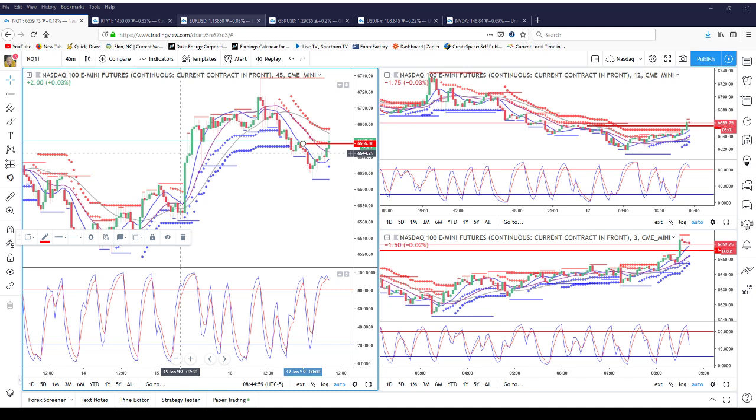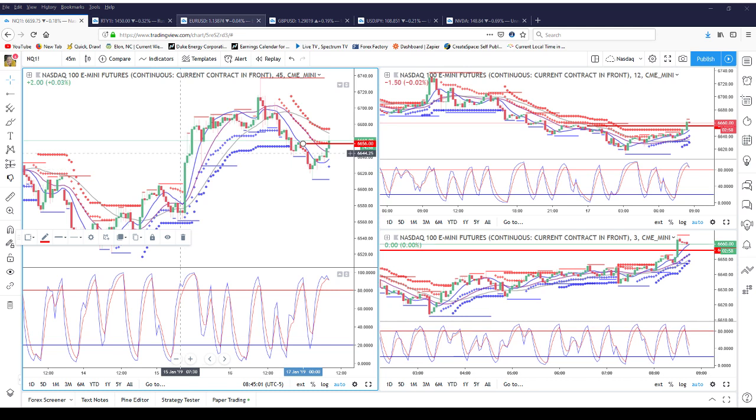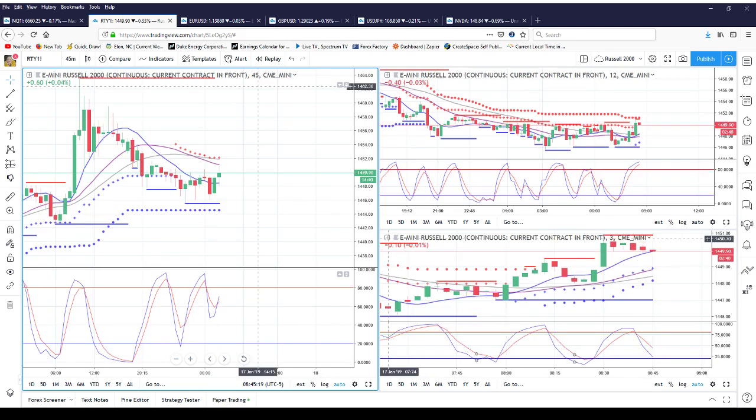After about 10 o'clock, once you have that opening volatility escape, then I will go into the actual futures. Or if I see there's too much risk on the NASDAQ, I'll switch over and trade the binaries or the spreads or the touch brackets.